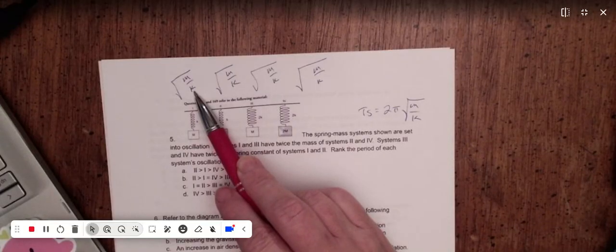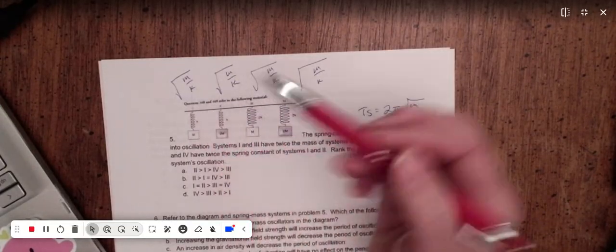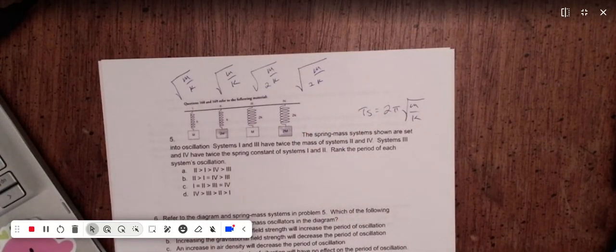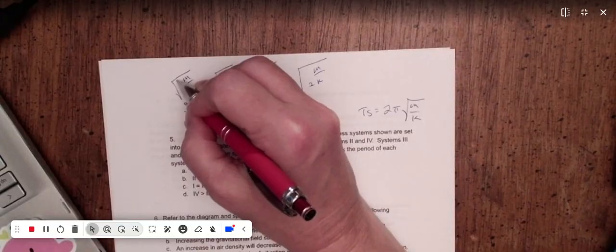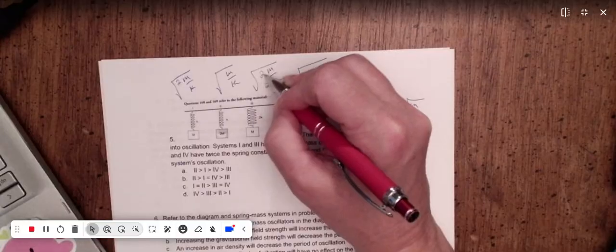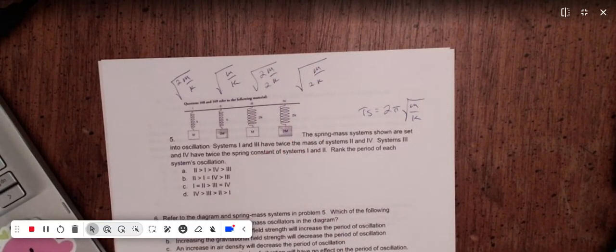So these are my 2 spring constants. So I'll say these are a 1, and then these are a 2, because 3 and 4 are 2 times that. Okay. And then 1 and 3 have twice the mass of 2 and 4. So I'm going to put a 2 there for 1 and a 2 there for 3. Okay, so if I go back and rank these, look at these, 2 is going to be the greatest.